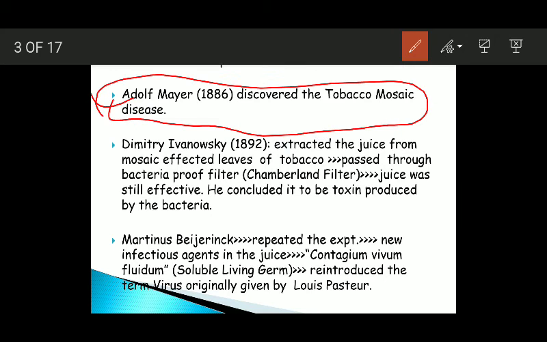This is a disease caused in tobacco plants by tobacco mosaic virus. Dmitry Ivanovsky in 1892 extracted the juice from mosaic infected leaves of tobacco, then passed this juice through bacteria proof filters, Chamberlain filter.